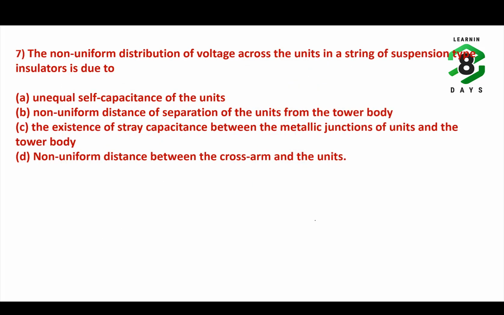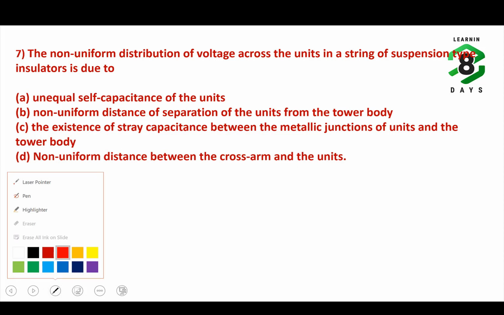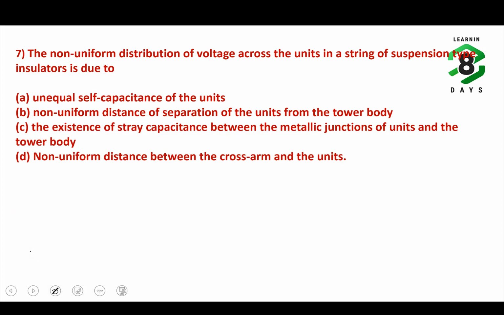So what is the reason? The non-uniform distribution of voltage across the units in a string of suspension type insulators is due to the existence of stray capacitance between the metallic pin junction and the tower body.